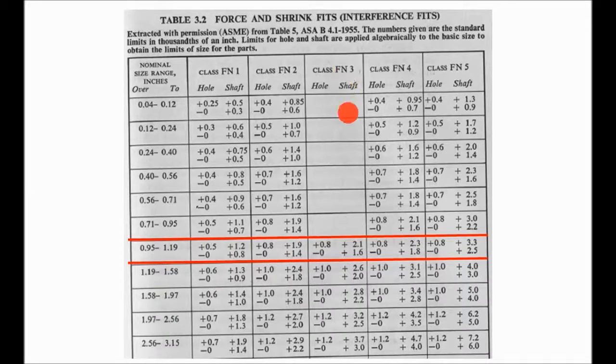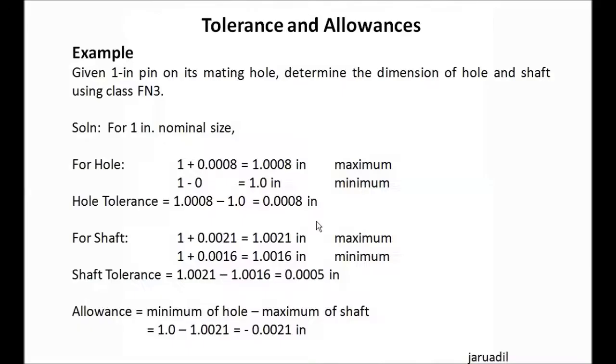At yun namang FN3 nandyan. So, we have here 0.8 and 0. So, since 0.8 and 0, didivide mo sa 1,000 yung 0.8, magiging siyang 0.008. So, 1 plus, kasi positive siya. So, 1.008. That is maximum of hole. So, 1 minus 0 is 1.0 minimum. So, the hole tolerance is 0.008.